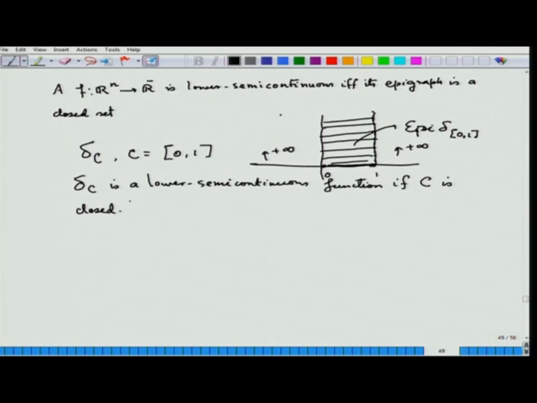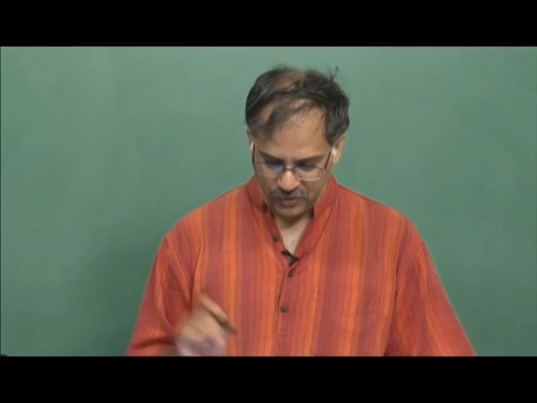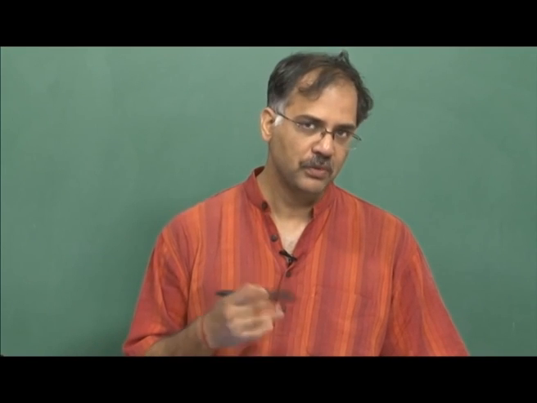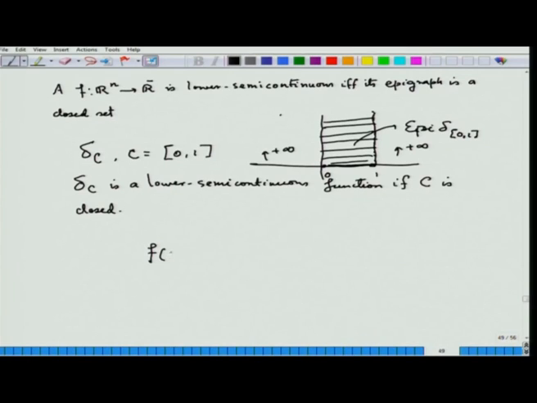Now, I have given a very geometric definition of lower semi-continuity, but there is also a more mathematical definition, but looking at the audience, I would not like to put it. But for those who are mathematically oriented, I want to remind them, if it is lower semi-continuous at x, this is what it means.